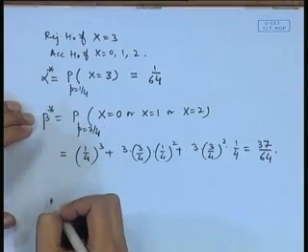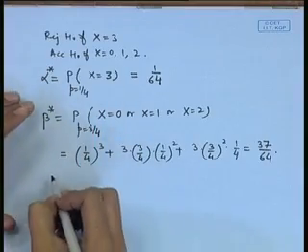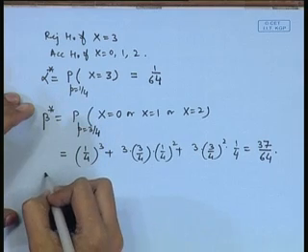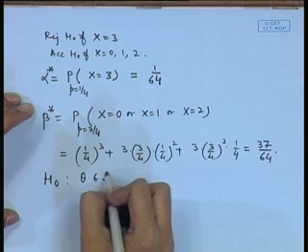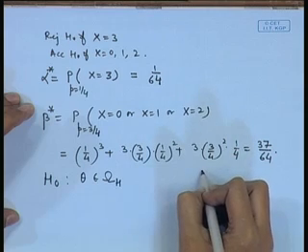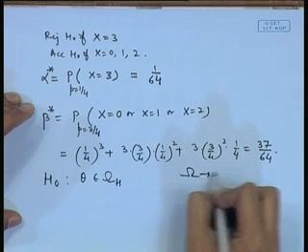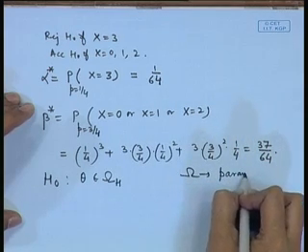So, in the most general terms the theory would be represented like this. Our parameter space is omega, the full parameter space.